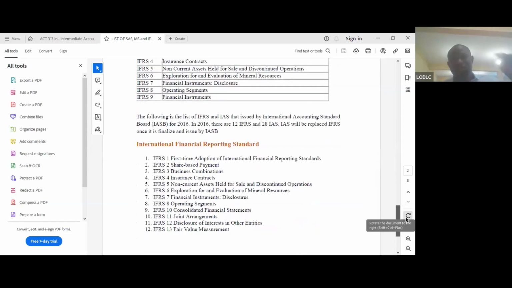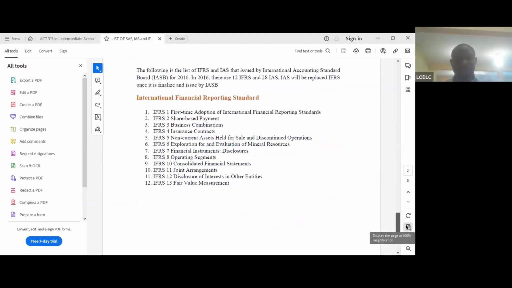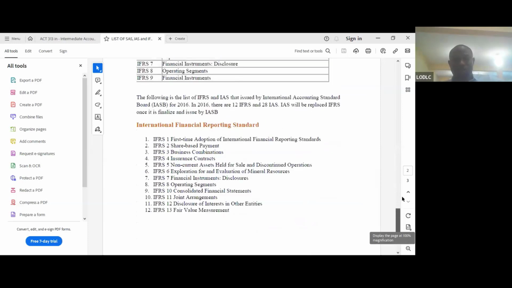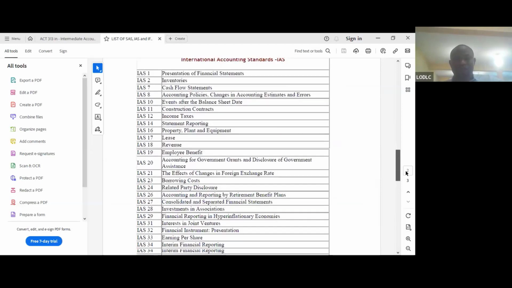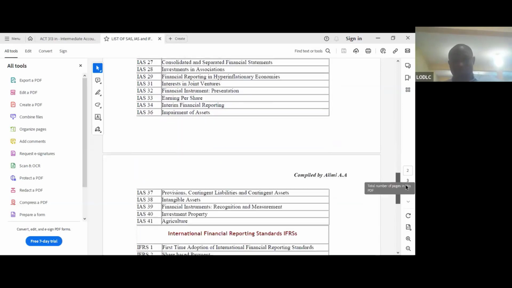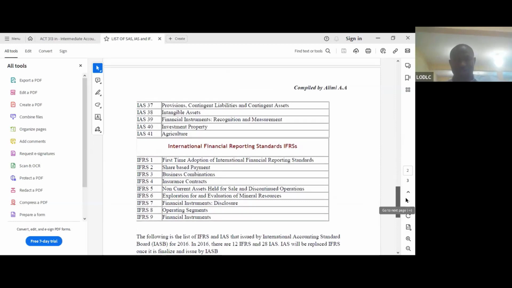So we have 16. I need to update this myself. This list shows just 12 IFRS, but we have 16 IFRS now. You can work with this one for now. This is IAS, the National Accounting Standards. We have 41, although some of these standards have been replaced by IFRS, do you understand?